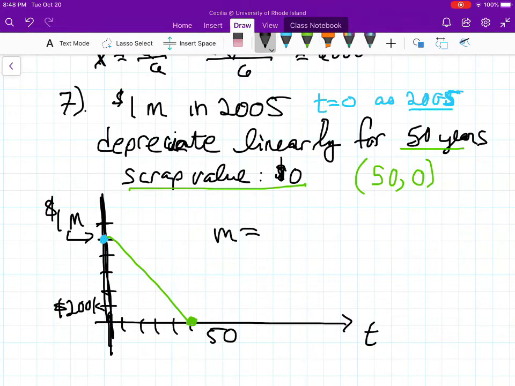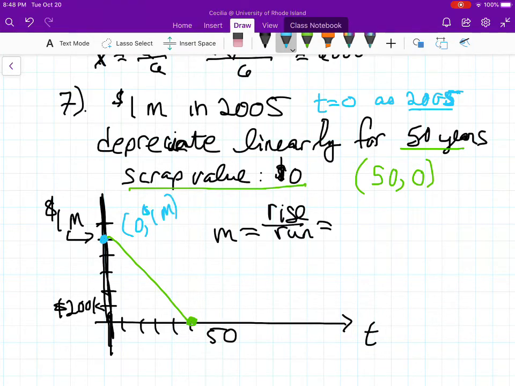So the slope we know is given by rise over run. And let's make sure we understand what that is in the context of this problem. It's just going to be the same thing it was before, in the sense that it's y2 minus y1.